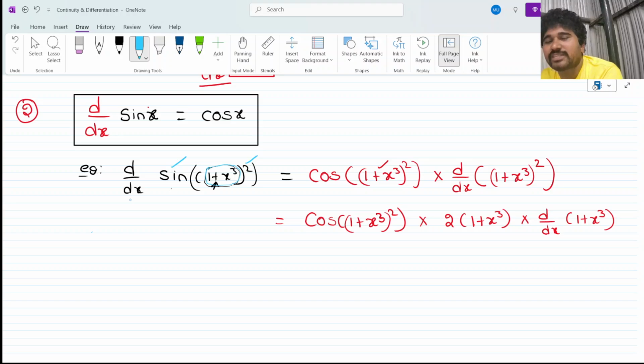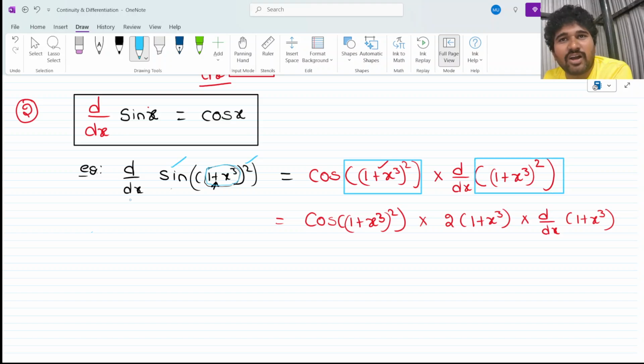So first elimination of the sine I did. Sine differentiation is what? Cos. Gone. Then who is there inside the sine? This all is there. That's why I indicated differentiation of that all. Clear? Now observe carefully. While differentiating that all, how can I read it? It is something square.